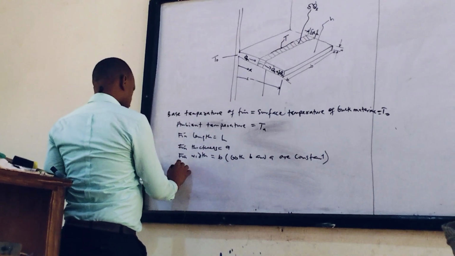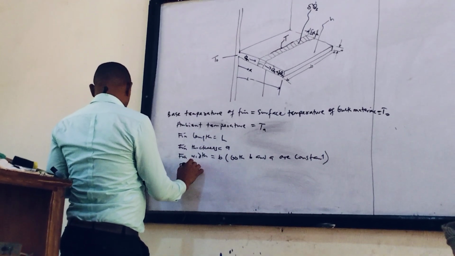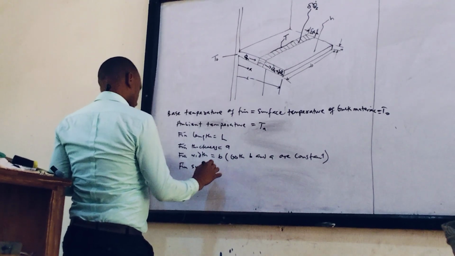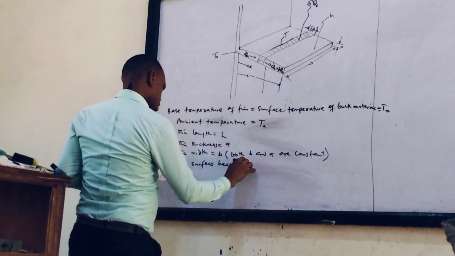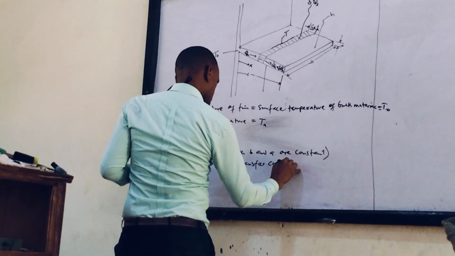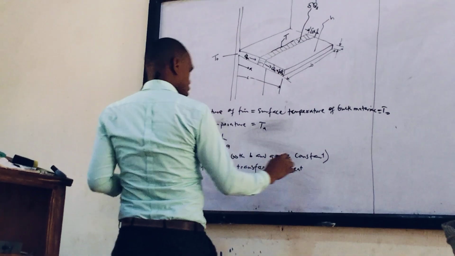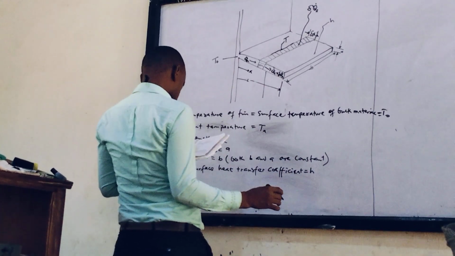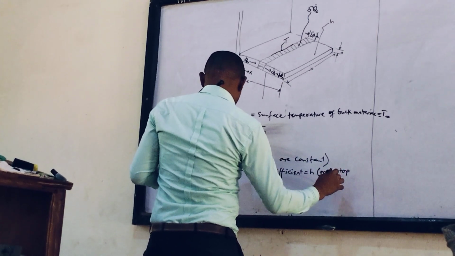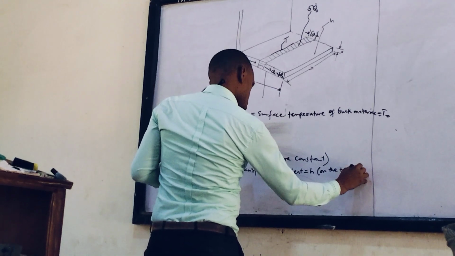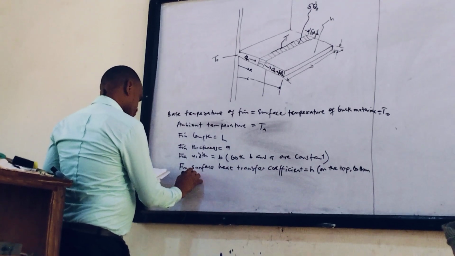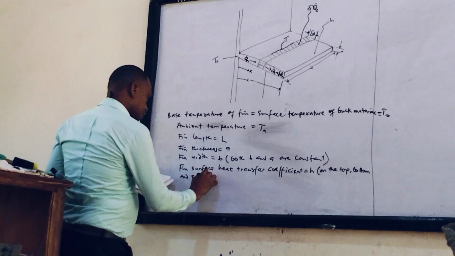Okay, so fin surface heat transfer is H. That is on the top, bottom and the side surfaces.